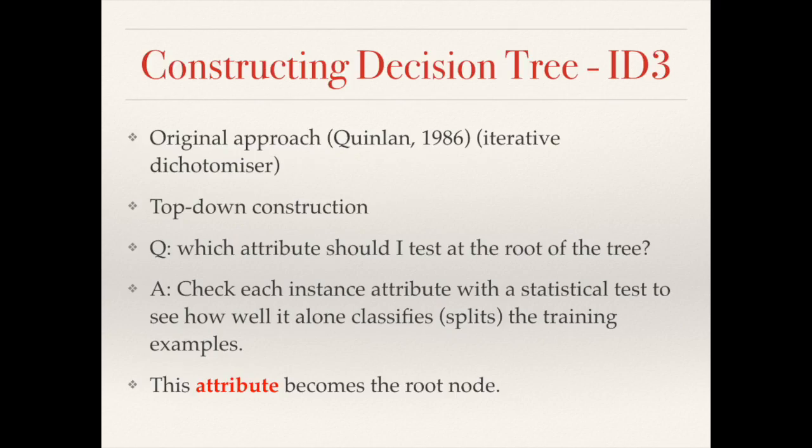In the following, we consider constructing decision trees using one of its original methods, that is the ID3 algorithm. That algorithm constructs trees from the top down. That is, first we consider the entire dataset and find an attribute according to which we will separate the dataset.